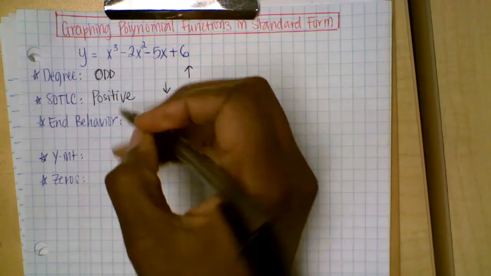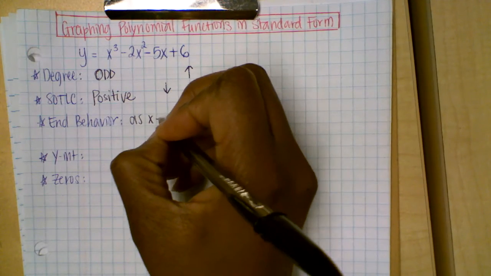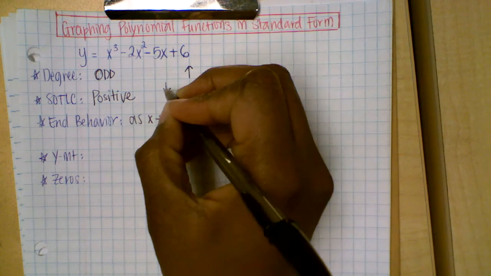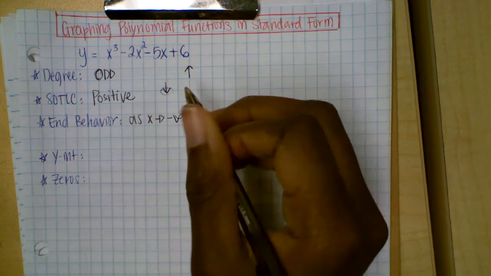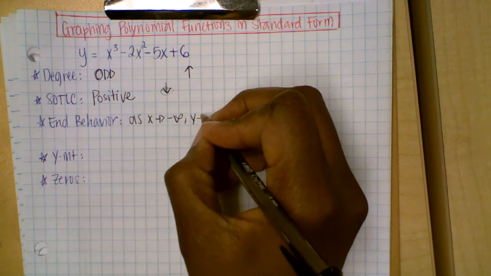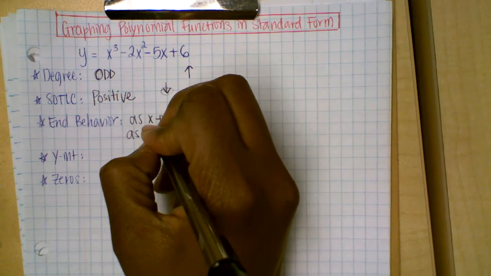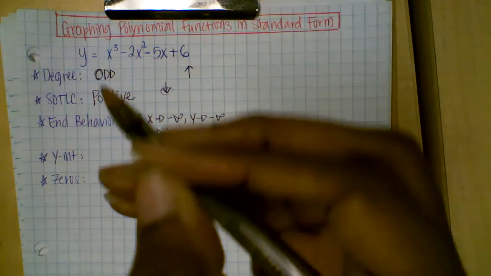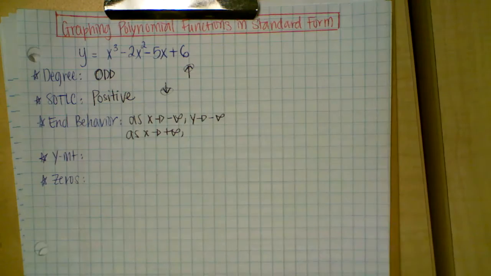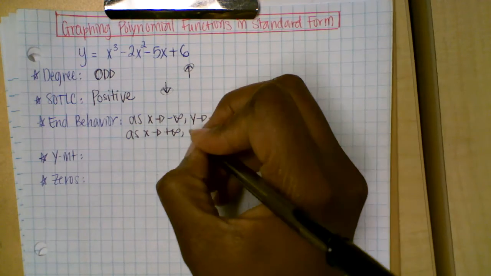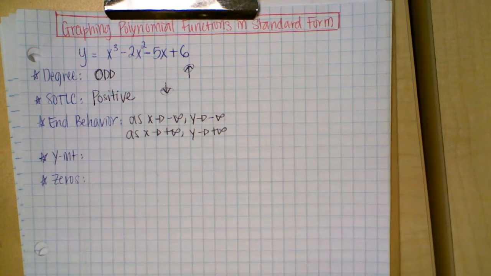On the left side, as x approaches negative infinity, what is happening to the y value? The arrow is pointing down, so y approaches negative infinity. On the right, as x approaches positive infinity, the arrow is pointing up, so y approaches positive infinity.